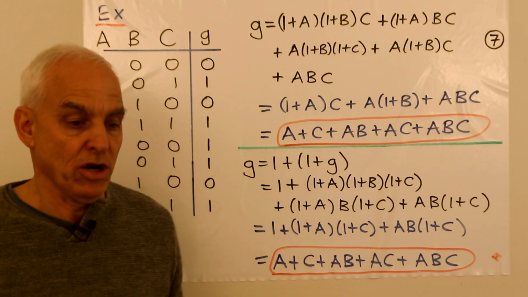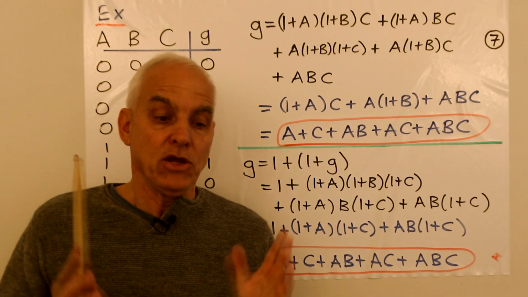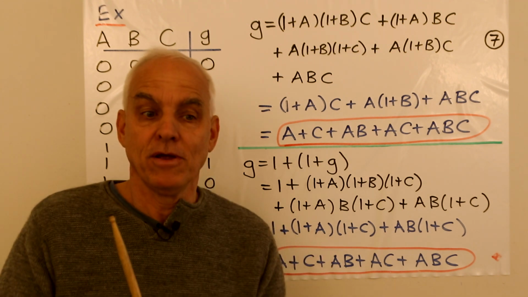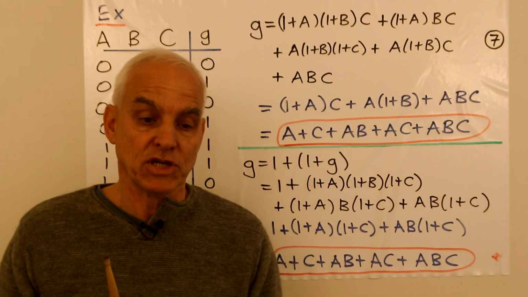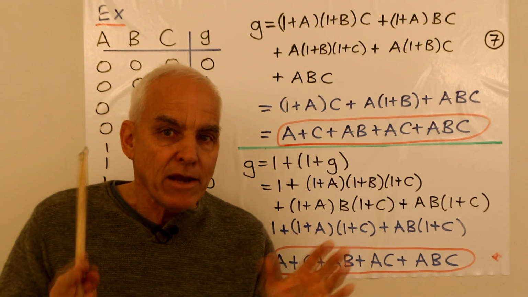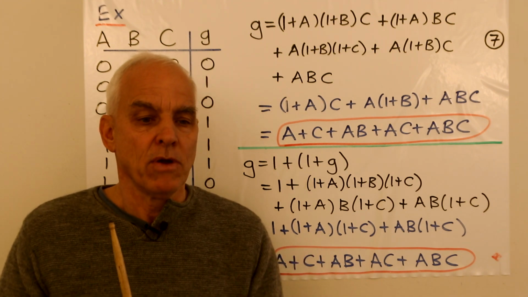There's no discussion. In particular, we get to avoid a huge theoretical problem in the Boolean algebra world, which is called the SAT problem. It's a very famous problem. It's like a P equals NP kind of conundrum. We're going to talk about that in our next video.